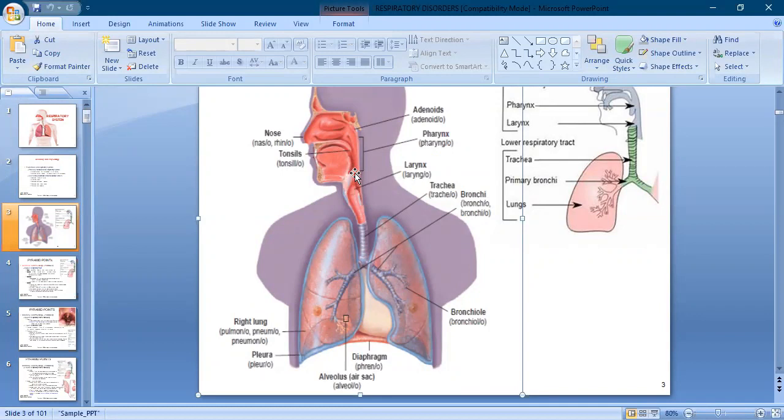When you eat something, this orifice should be closed and food will not come to the respiratory system. So then after the pharynx, the larynx. Inflammation of the pharynx is called pharyngitis. Inflammation of the larynx is called laryngitis. As I told you before, if infection or inflammation occurs in the tonsil it causes tonsillitis, or in the pharynx it is called pharyngitis, and the patient presents with a sore throat.